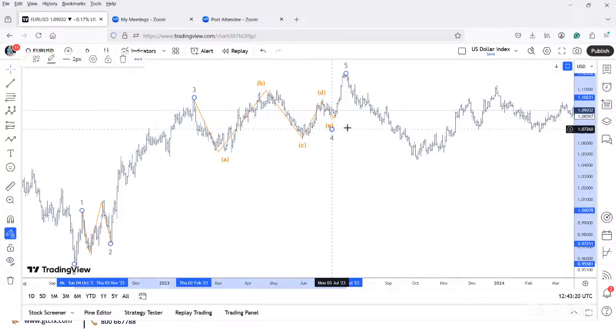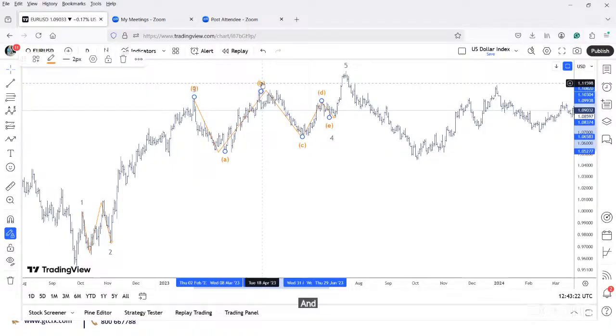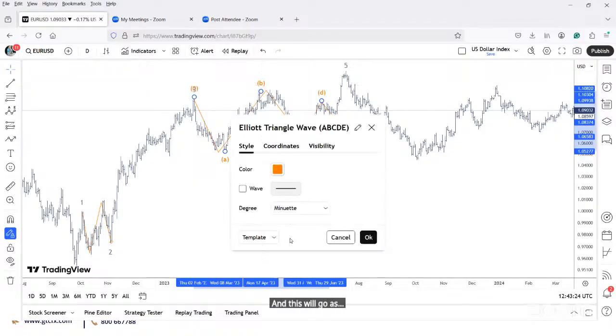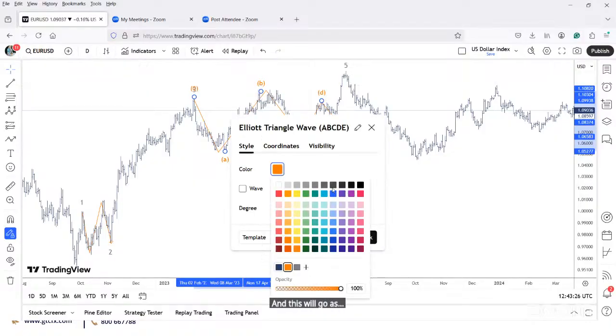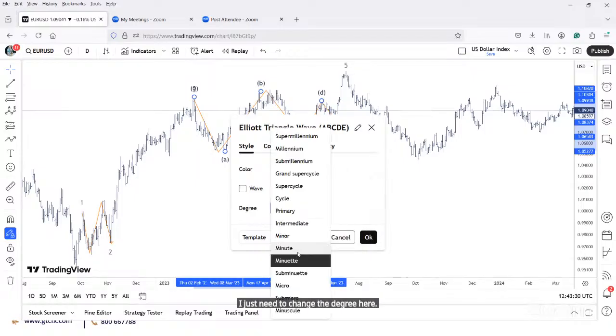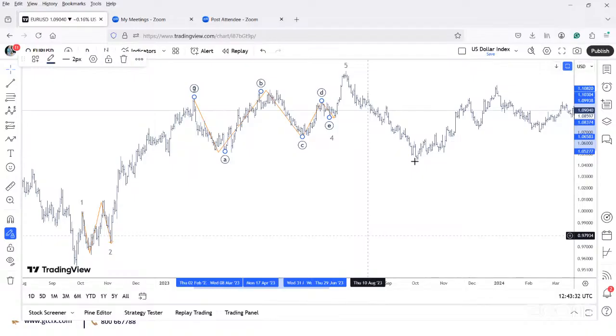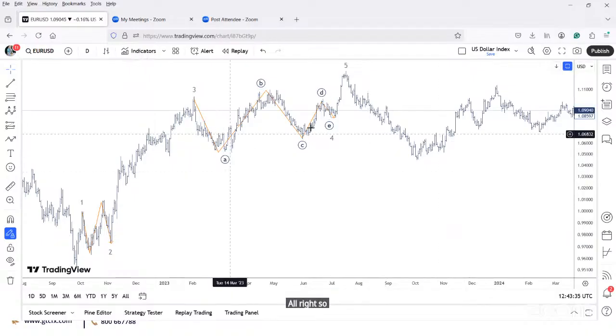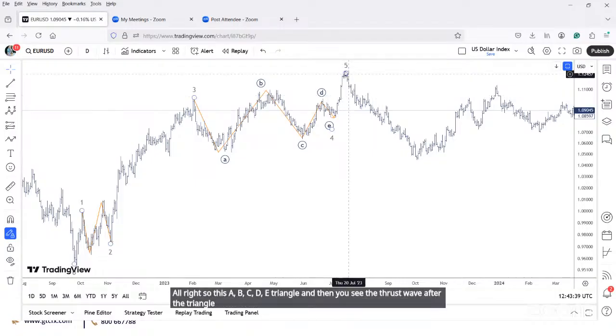All right, and I just need to change the degree here. All right. So this is an A, B, C, D, E triangle, and then you see the thrust wave after the triangle. This is a thrust wave of the triangle.